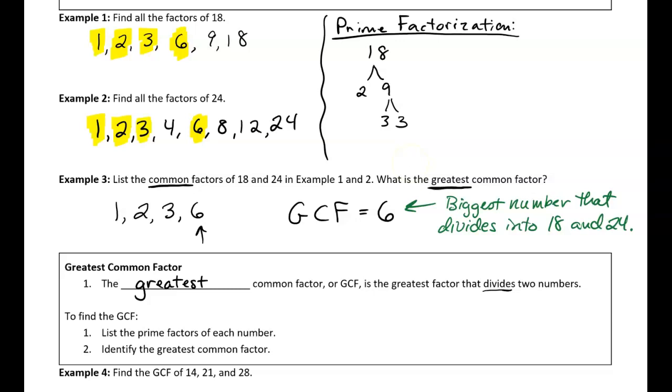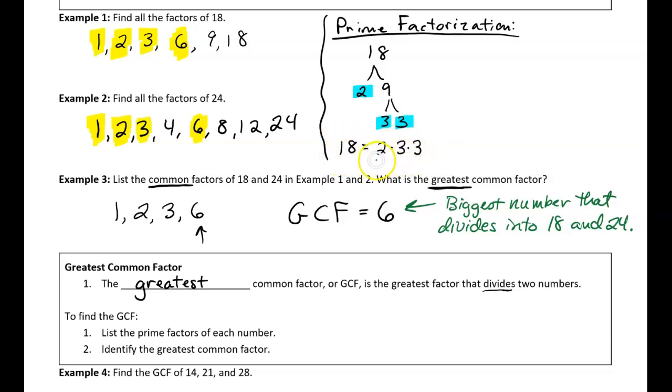So then my prime factorization is going to be the factors from the lowest pieces of my branches. Wherever we stop our branches, those lowest ones are going to be our prime factorization. So in this case, our 18, I can consider it 2 times 3 times 3. This will be the prime factorization of the number 18.